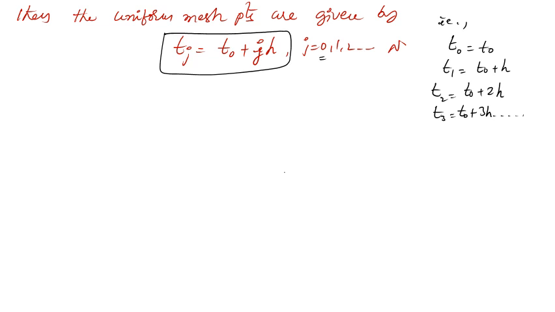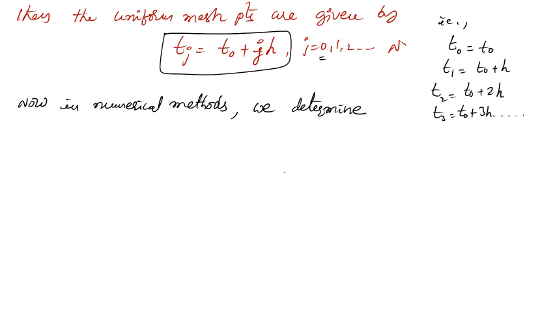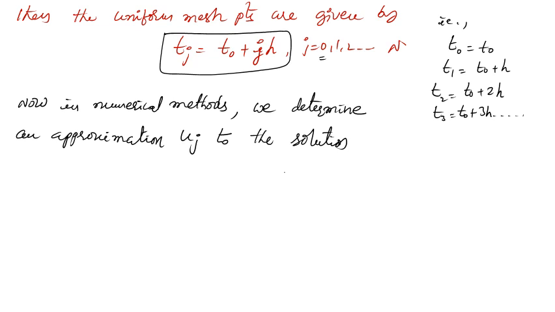Tj equal to t0 plus jh. Now in numerical methods, we determine an approximation uj to the solution u of t.